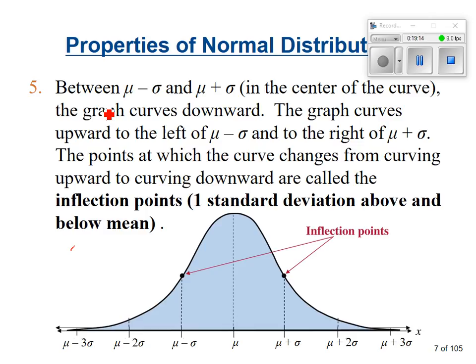We're not going to deal with that a whole lot. The main thing on this fifth one is to know that the inflection points are one standard deviation above and one standard deviation below. Those points are called your inflection points. That's where the curve changes the direction it's going. All right?